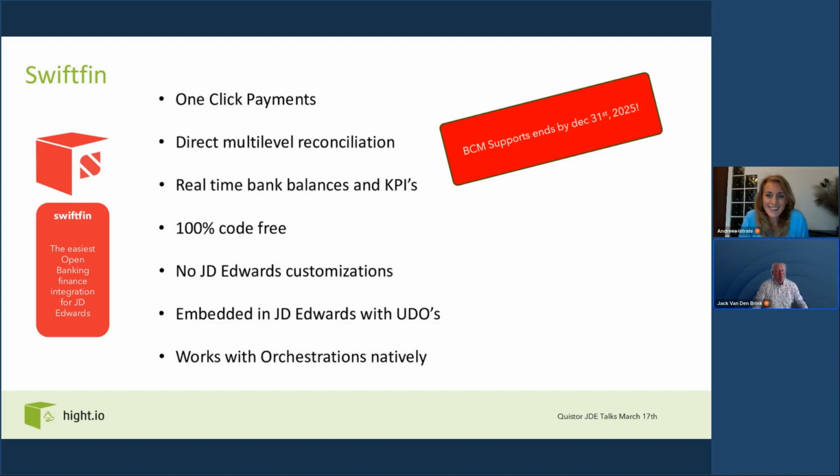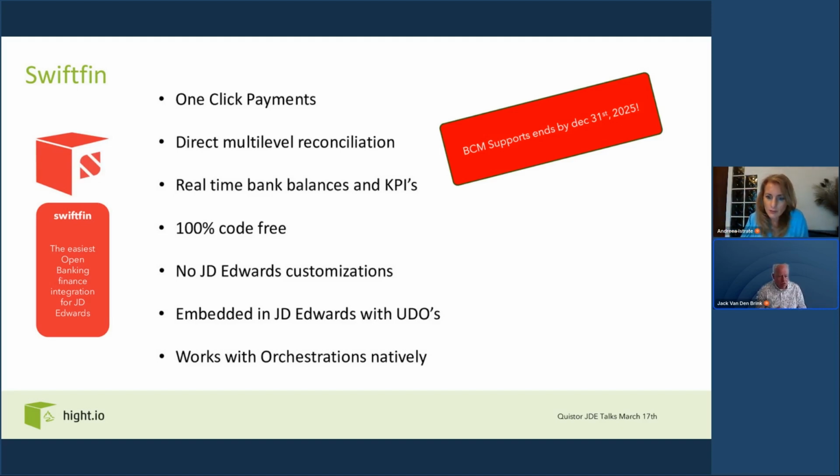Good. Another product we were just talking about, end of life products. Also, BCM, Bank Cash Management Module from Capgemini, will cease to exist because it's not a cloud product, and the support will end by the end of this year. We already had a product called SwiftFin, which was initially the idea of using API integration for banking.